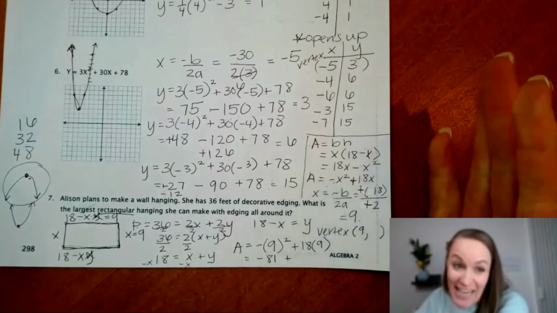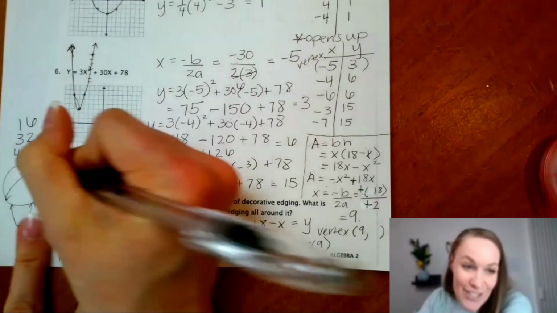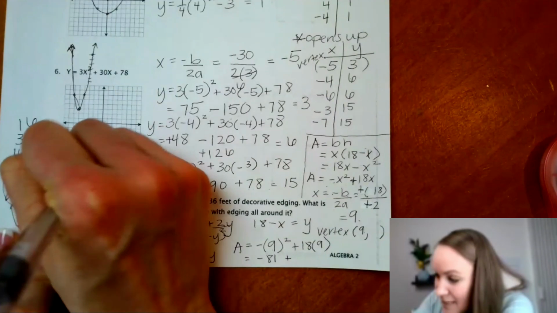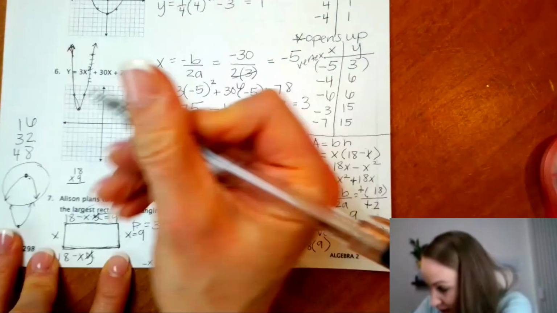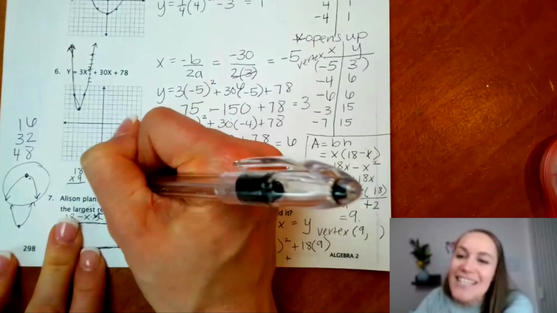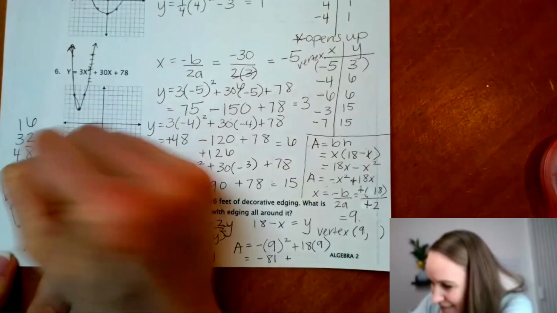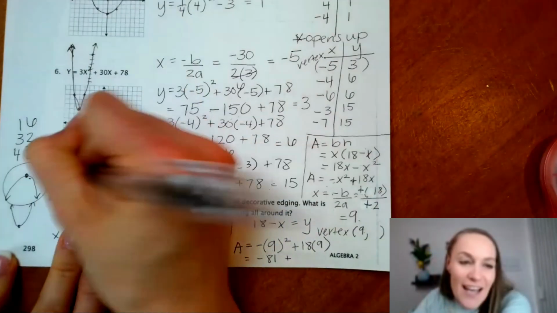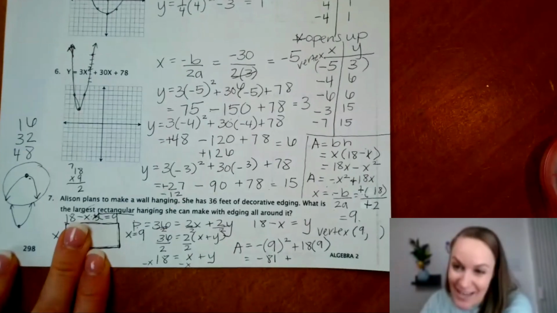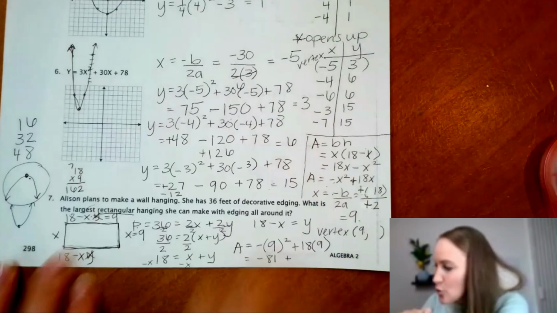And I don't have my 18 times tables memorized. So I'm going to go up here and do a little bit of math. 18 times 9. 9 times 8 is 72. 9 times 1 is 9, plus 7 is 16. So 162.